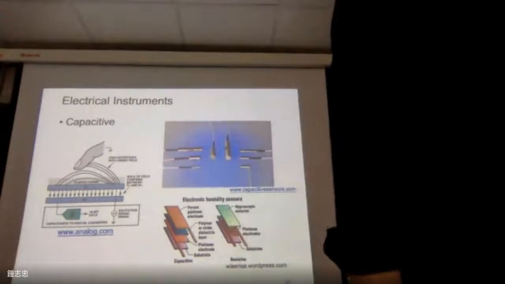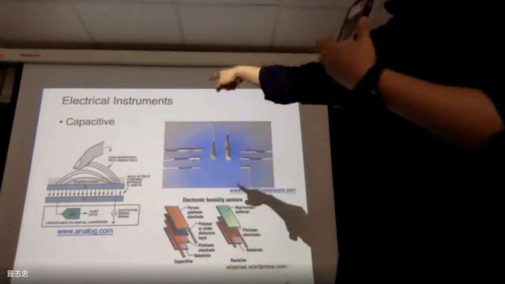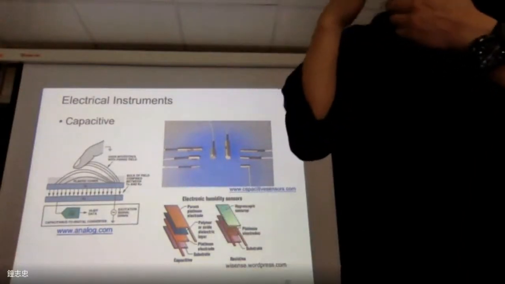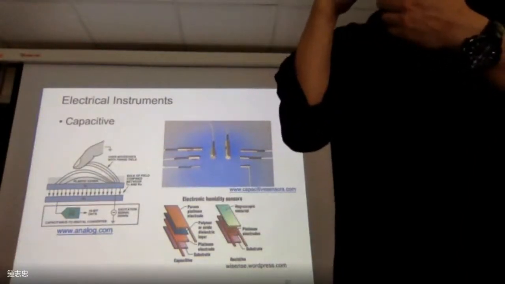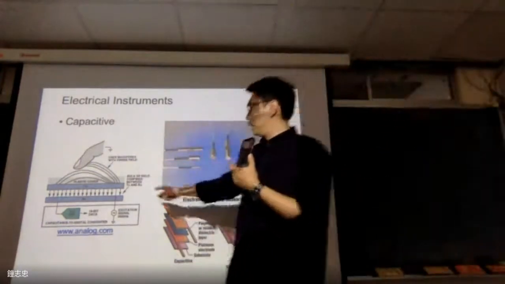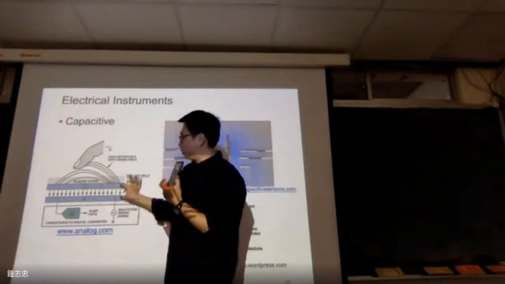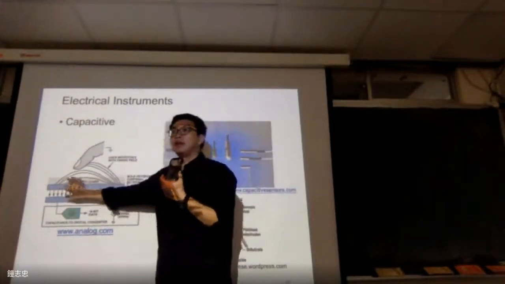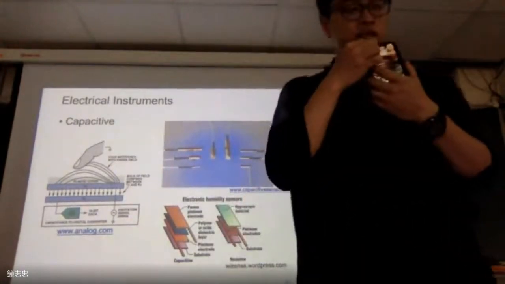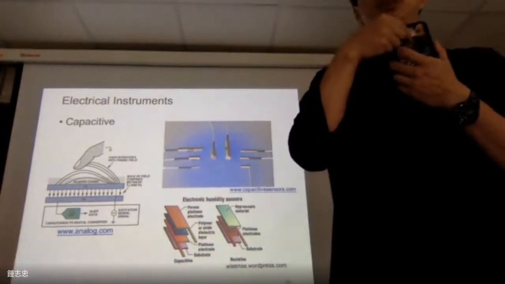So when you touch the screen, in this area you may have an increase of the electromagnetic wave and increase the capacitance in that area. Based on this idea, the screen will understand which location you push.